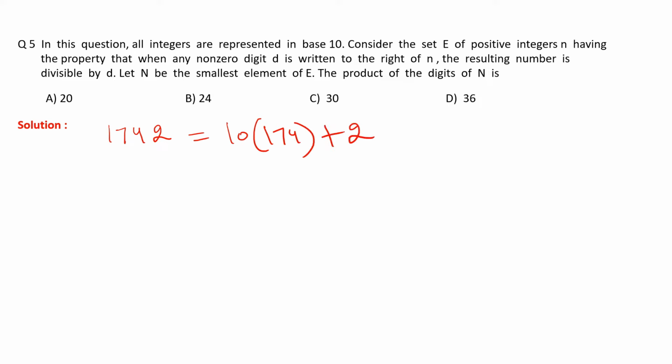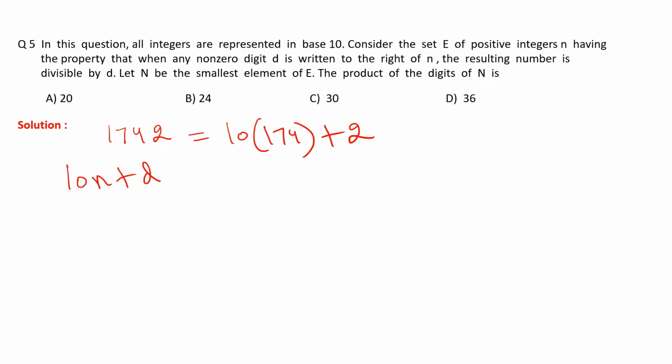It does not matter how many digits n is having. For example, if n is 2 and you write 2 onto its right hand side, it becomes 22. So you can still write 22 as 10 times 2 plus 2. Fine. So according to this, our resulting number will now become 10n plus d.